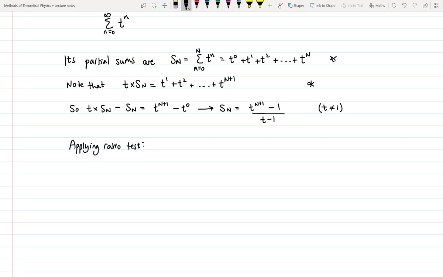we have that the limit, as n tends to infinity, of the n plus 1th over the nth term, absolute value. Here this is given by t to the n plus 1 over t to the n, absolute value. This is just the absolute value of t.